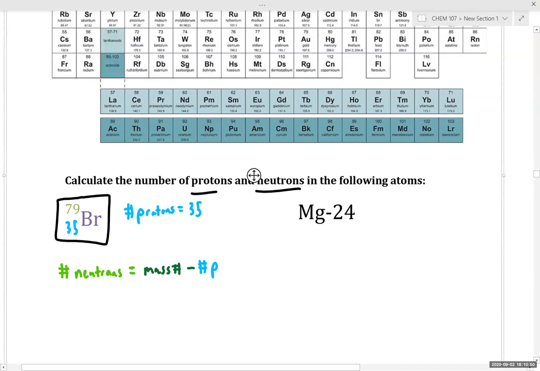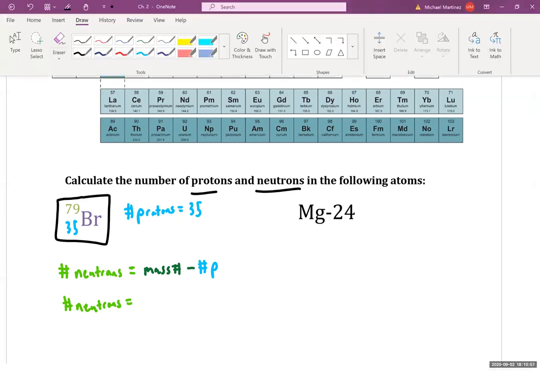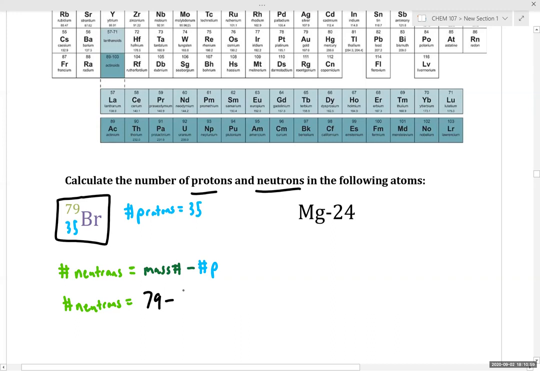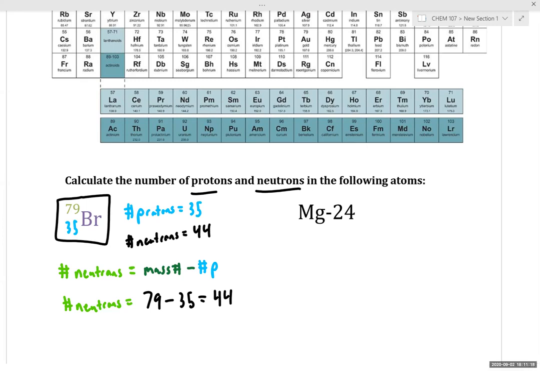In turn, that gives us, for our number of neutrons, a mass number of 79, and we're going to subtract 35, and that in turn gives us 44 neutrons. So our number of neutrons is equal to 44. Does that make sense to everyone? Does this first example make sense? Any questions?